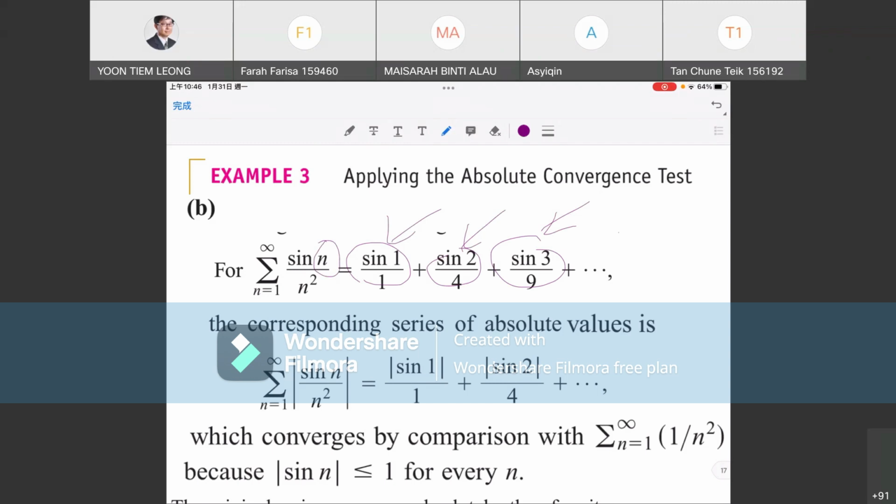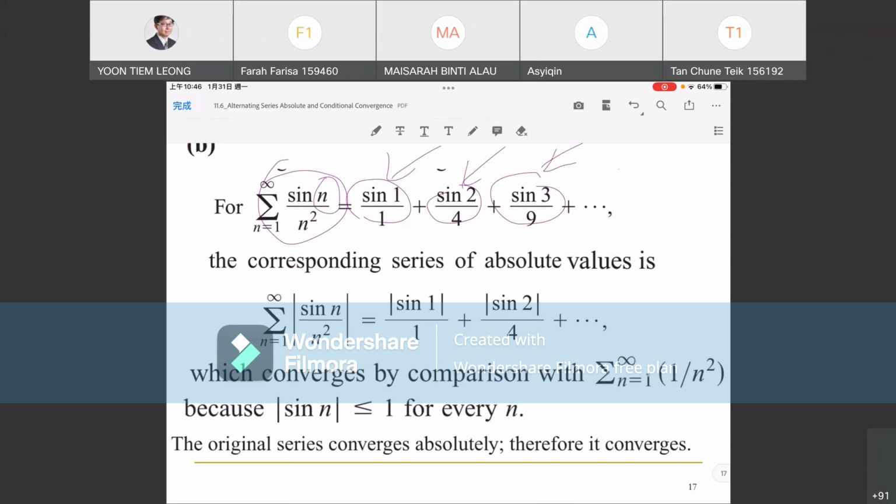In order to prove the convergence of this alternating series, what you do is consider the absolute version of the alternating series. The corresponding absolute series is just the absolute value of sine n divided by n squared, where you don't care about the sign, right?